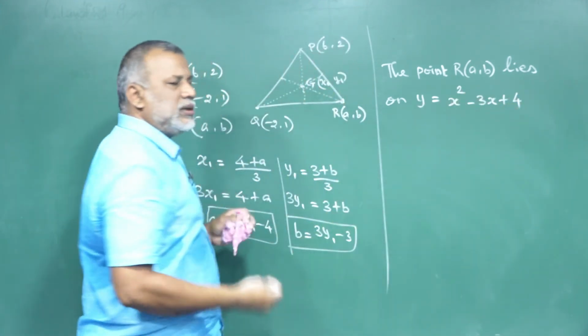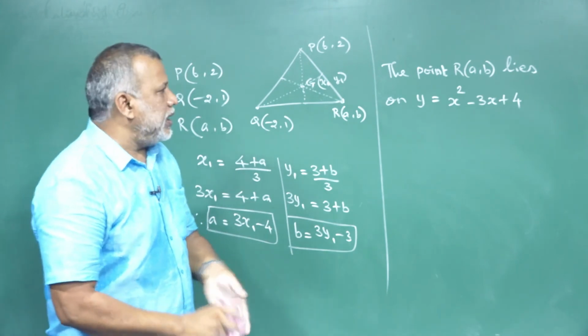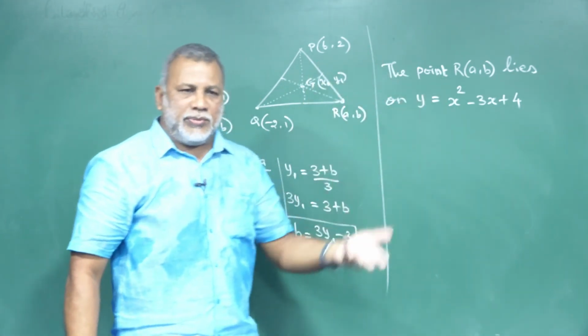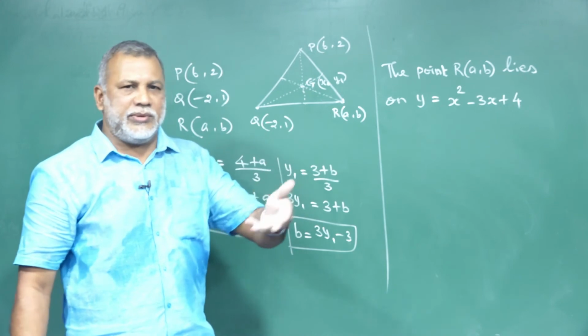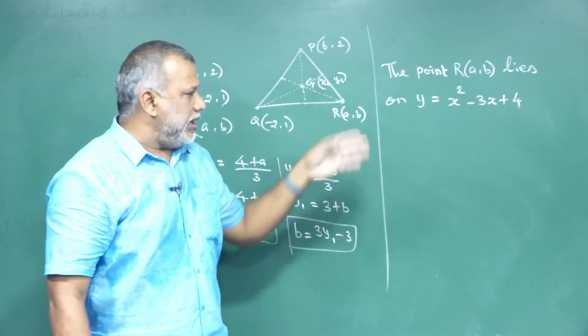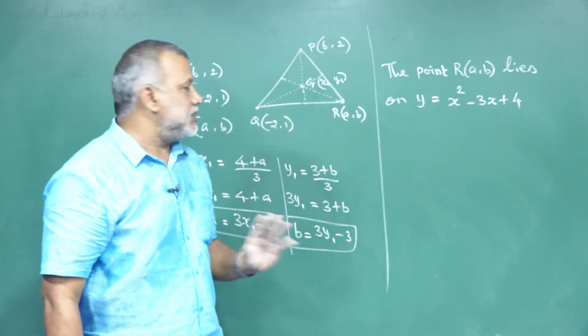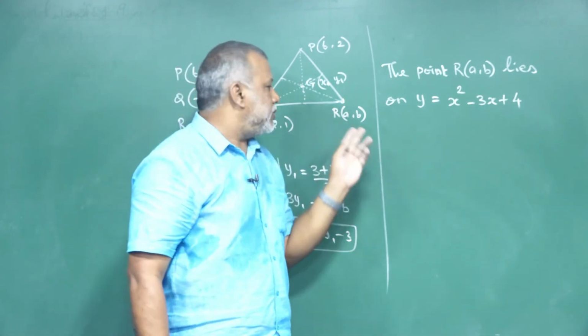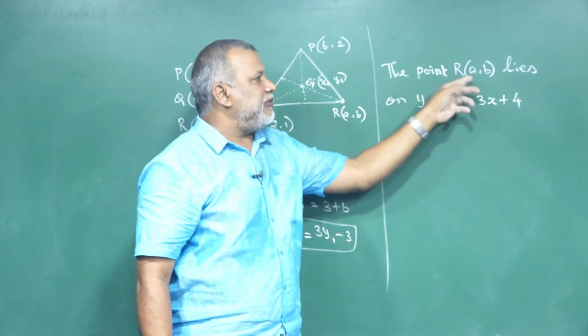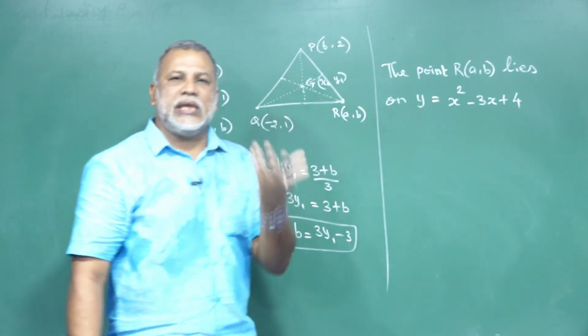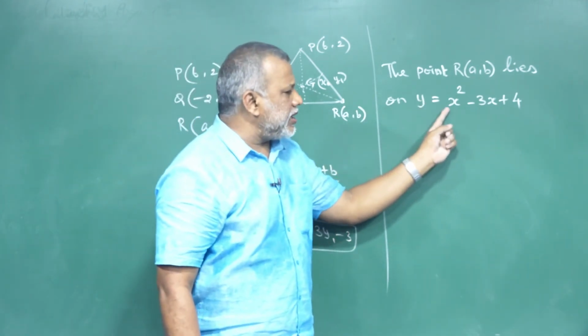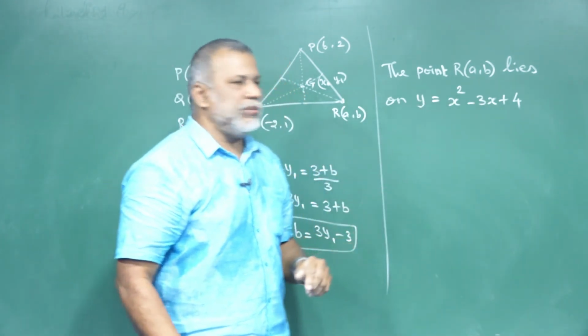This is given in your question itself. Read the question. The point R(a, b). We are selecting a, b. Instead of a, b, already explained, you can take any letters, only letters, not numbers, for an unknown quantity. So the point R(a, b) lies on the equation y equal to x squared minus 3x plus 4.